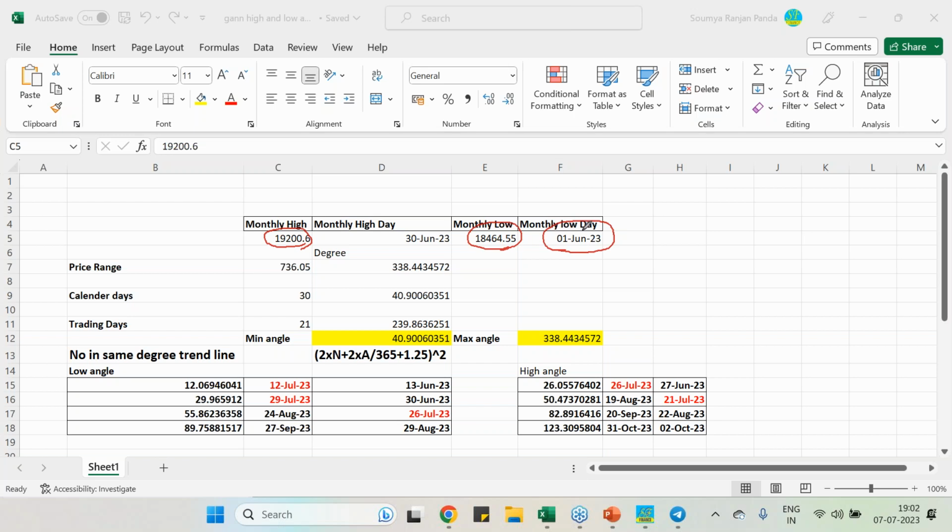Now we'll take the difference of that, which is 736 price points. How many calendar days? 1st to 30th, 30 calendar days. Between 1st and 30th, there are 21 trading days. Saturday, Sunday, holidays all excluded, we have 21 trading days and 30 calendar days.